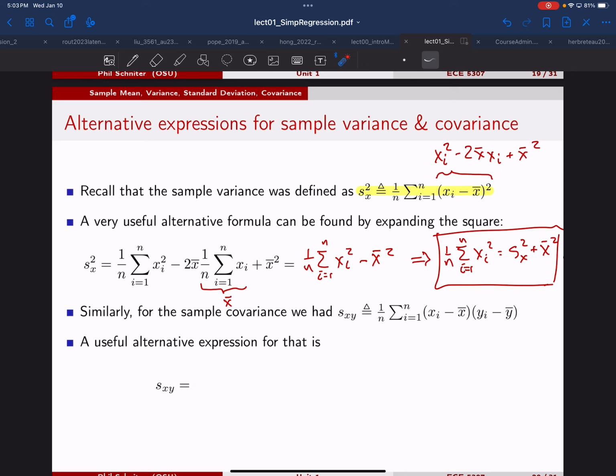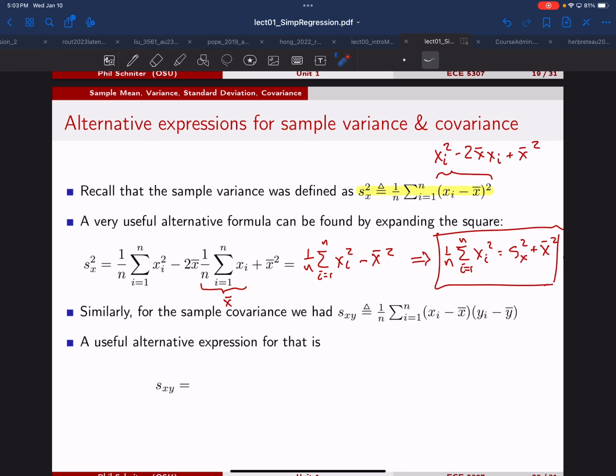So we can also do the same thing for this expression for the sample covariance. Essentially, we follow the same steps. We have an xi, yi term, we're going to have an x bar, y bar term, and we're going to have two different cross terms, this one and this one.